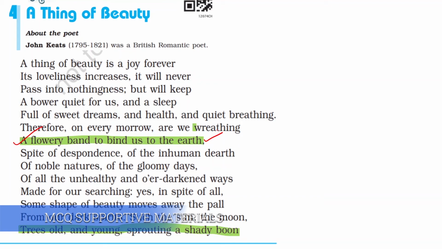The beautiful things are said to be a flowery band that makes a connection between humans and the earth. Next, trees old and young sprouting a shady boon. The shady boon providing trees are also imagery.